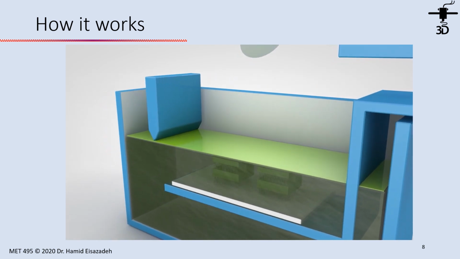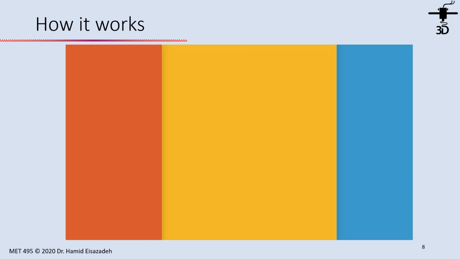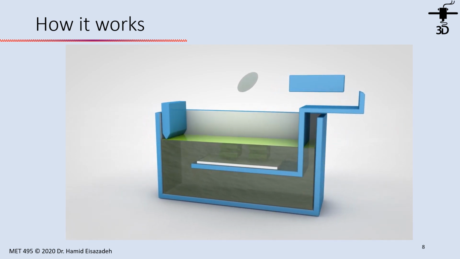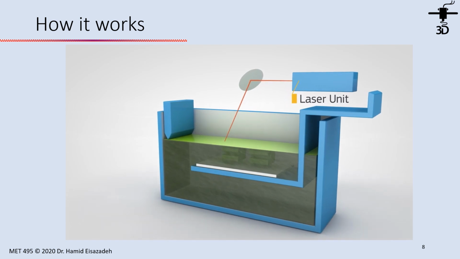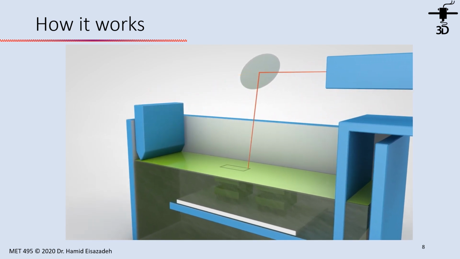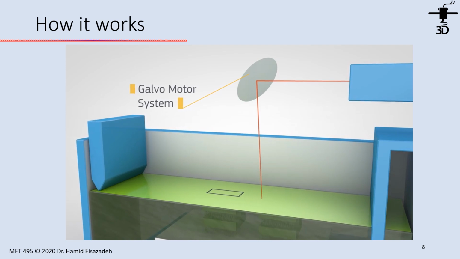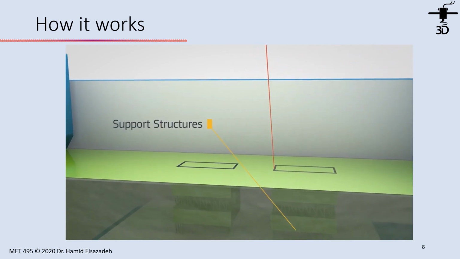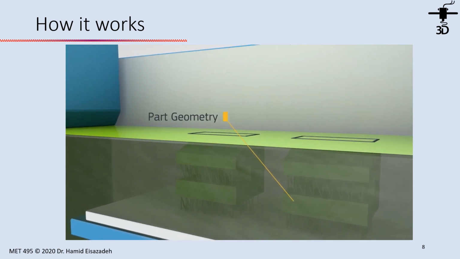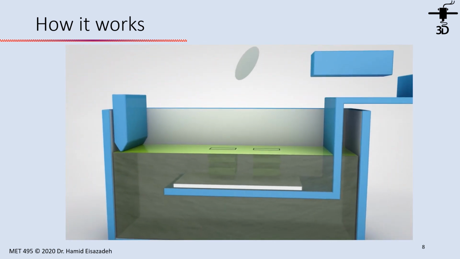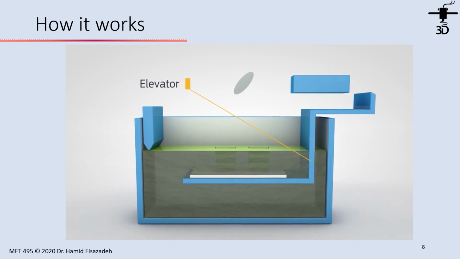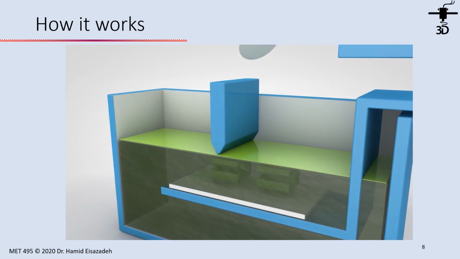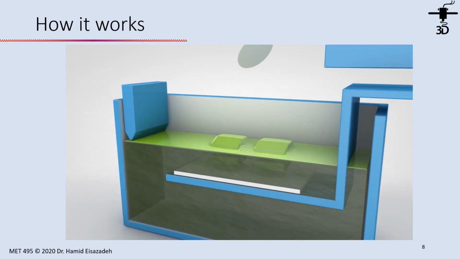This has to be a precision process, making sure that we have a thin and uniform spread of the resin, so your next layer is the right thickness. When the process is done, the part is lifted outward, so we take the part out of the resin, and if the part requires additional processing, it will be taken to the next station.